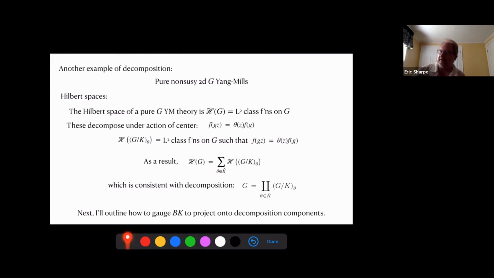Now, let's see how to gauge BK. What does it mean to gauge that BK center symmetry in this particular context?